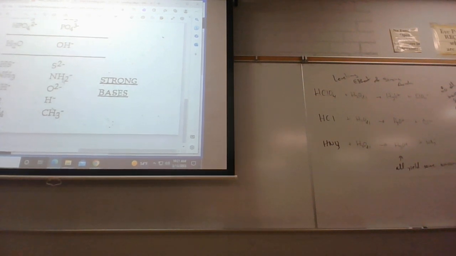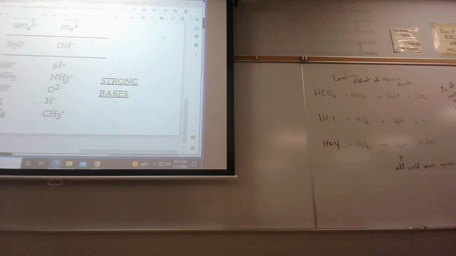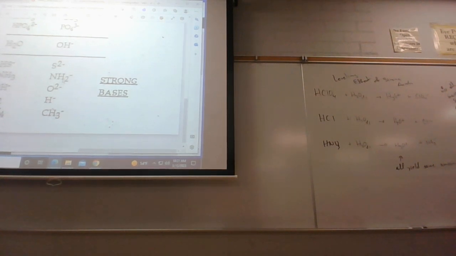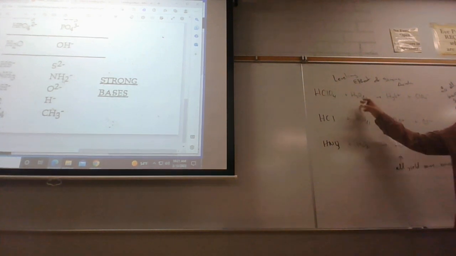That's the same. These react completely. And we call this hydrolysis of water. So strong acids hydrolyze water completely to form hydronium. Strong bases hydrolyze water completely to form hydroxide. Hydrolysis just means breaking apart of the water or reacting with the water.